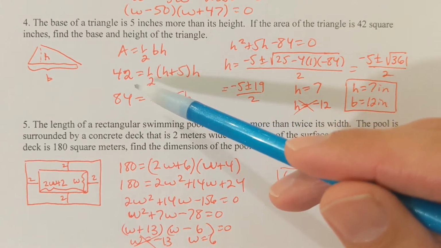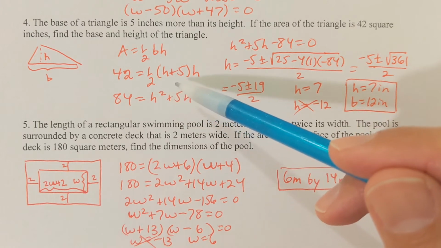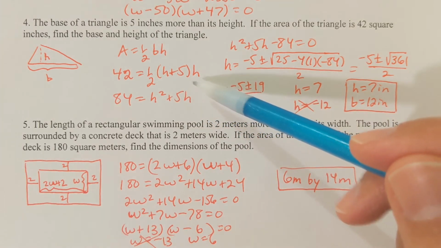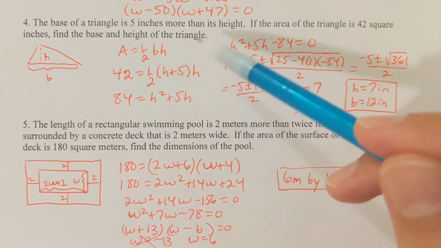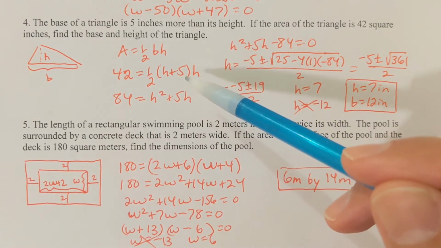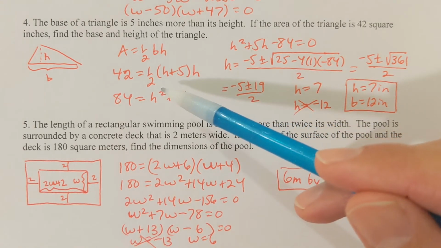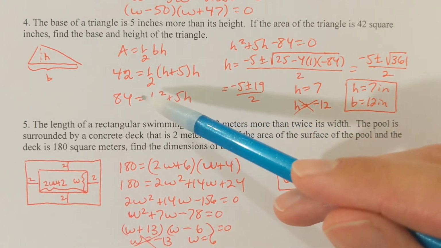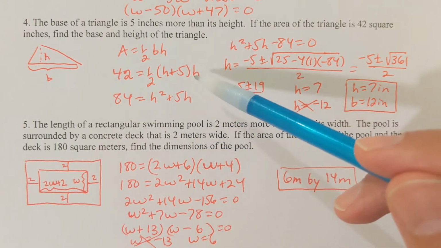The area of this triangle is 42 square inches. So that's equal to 1/2 base times height. The base of the triangle is 5 inches more than the height, so h plus 5.